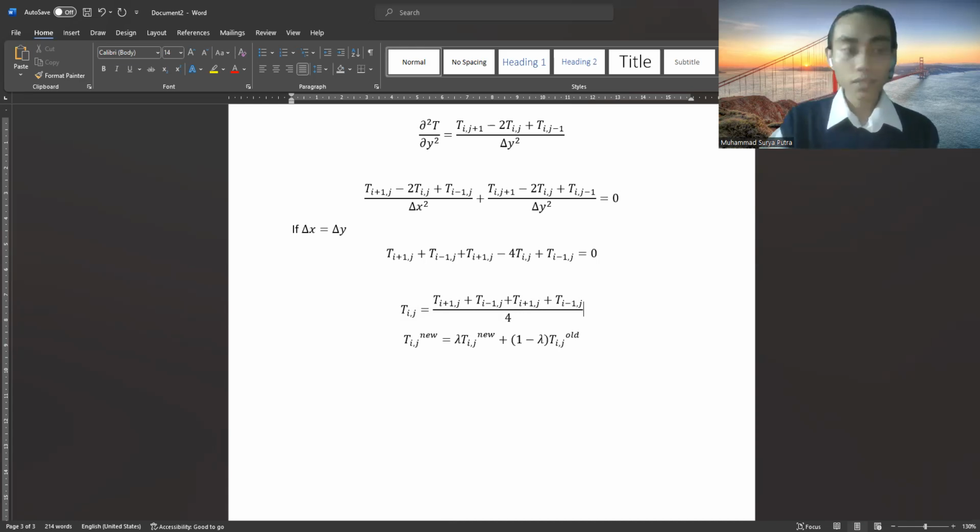And then the rest is T left, 0. And the bottom is also 0. We have the T initial as 0 as well. And then the range.